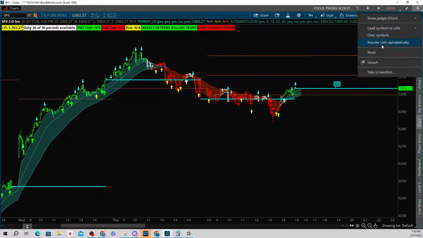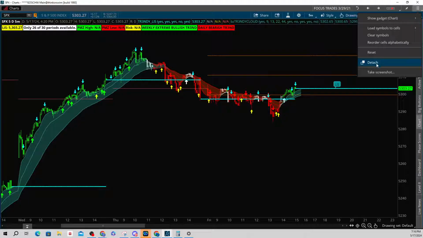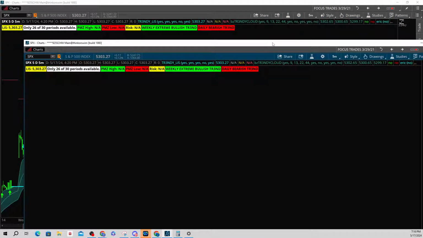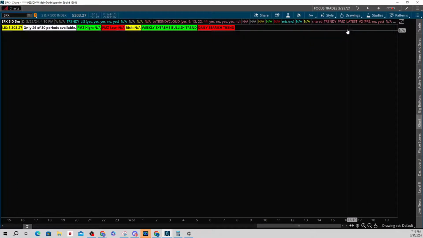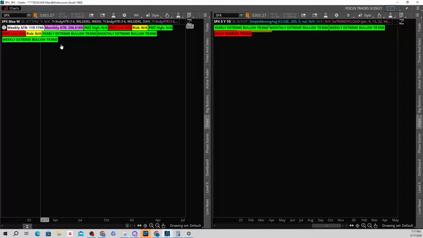Now, the first thing you want to do is take a chart and duplicate it. So we're going to come over here and click this. Once we click that, we're going to detach. Depending on how many screens you have, this is going to pop up. I'm going to go ahead and make two of these. Okay, so I have two charts here.